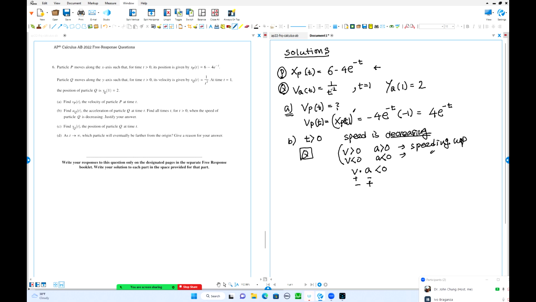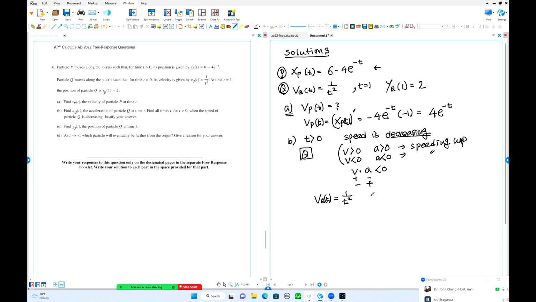Its velocity is given over here already. Velocity is 1 over t squared. Particle Q's velocity is already 1 over t squared. The next one is we need to find the acceleration. What is the acceleration?